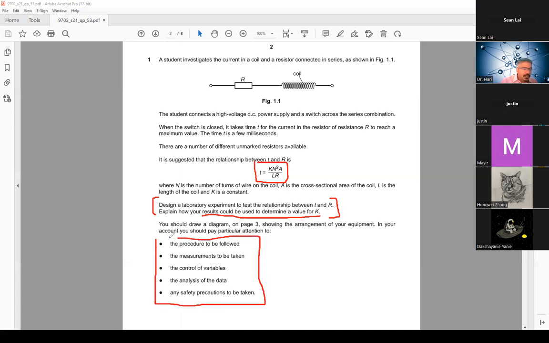Now, I would not pay attention to this part. Let me tell you why. If you start answering according to this, the procedure, measurement, control variable, analysis, any safety precaution, you are going to score only the bare minimum mark, most probably not more than 9 or 10. Because did they say that you need to list out any additional detail here? Did they say to write any additional detail?